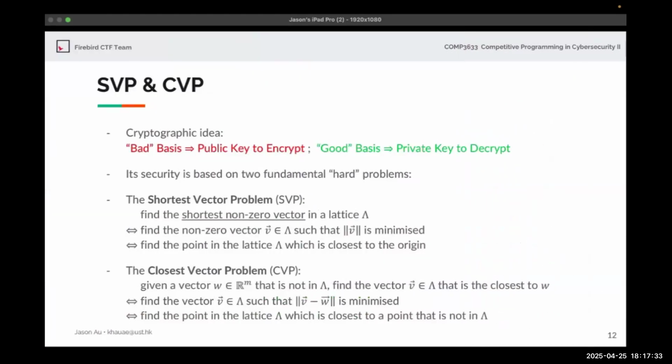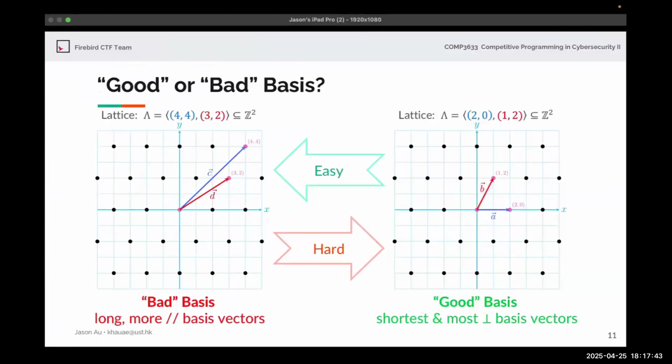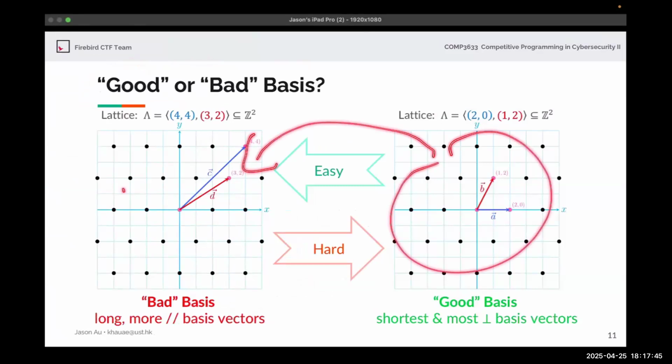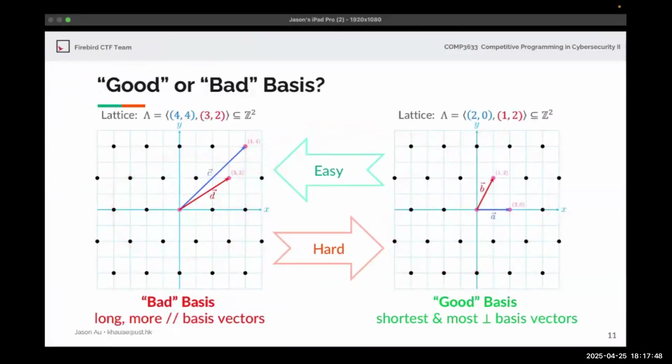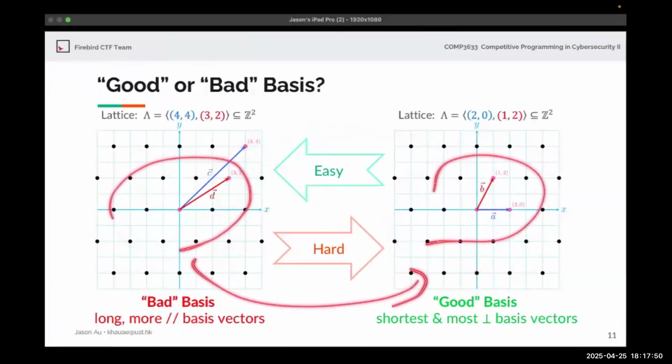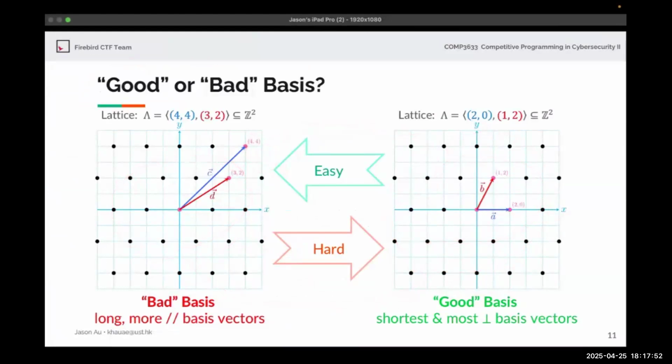We will introduce the shortest vector problem and the closest vector problem. Actually, they are very similar. And the cryptographic idea behind them is that we have something easy to generate from another, but it's difficult to reverse the process. So this is perfect for cryptography. It means that we can use this as the public key and this as the private key.